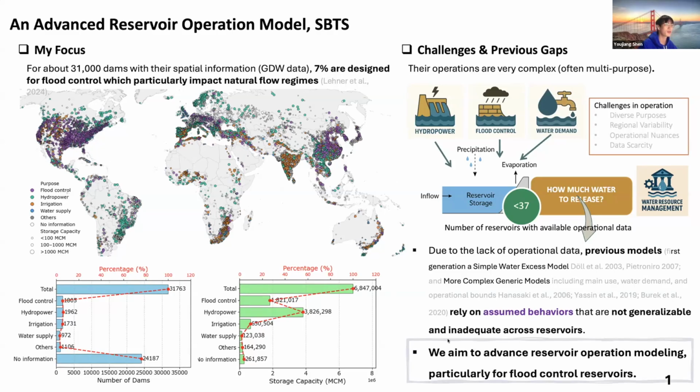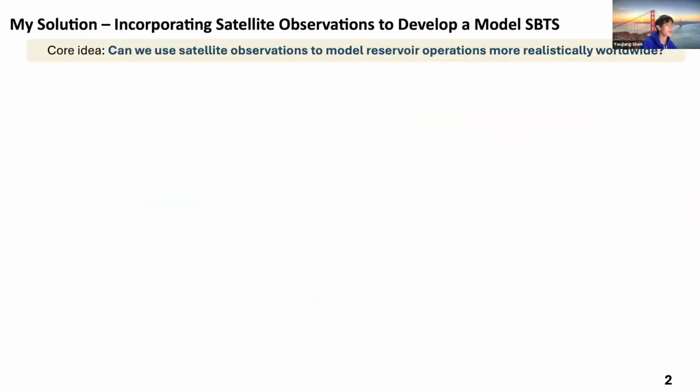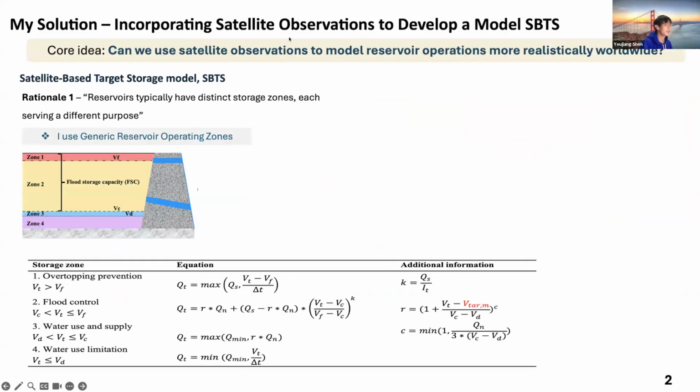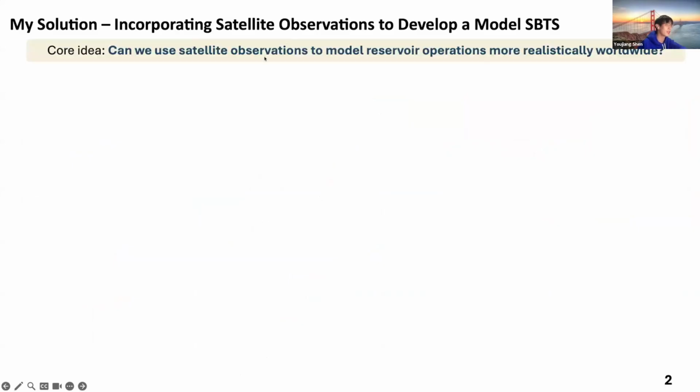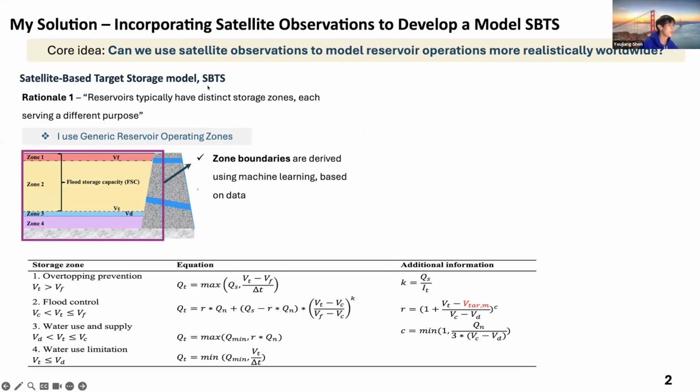And here we aim to advance reservoir operations in our satellite era. My solution is to incorporate satellite observations to develop a model. The core idea is: can we use satellite observations to model reservoir operations for global reservoirs? And here I proposed a satellite-based target storage model, SPTS.